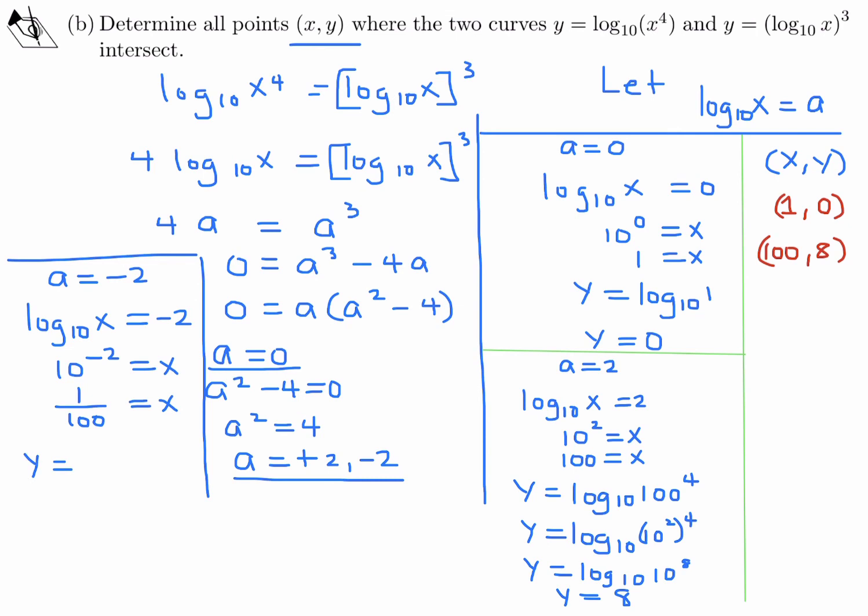You get y is equal to, that's 10 to the minus 2. So 10 to the minus 2 to the power of 4, log to the base 10, and that becomes log of 10 to the minus 8 to the base 10, and that is just minus 8. So our third and final ordered pair, x is 1 over 100, and y is minus 8.